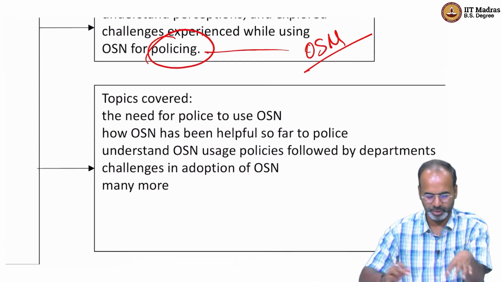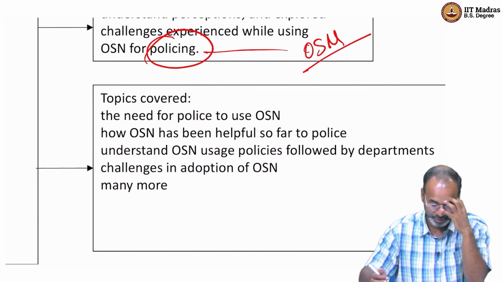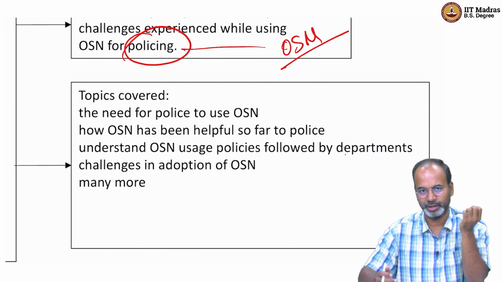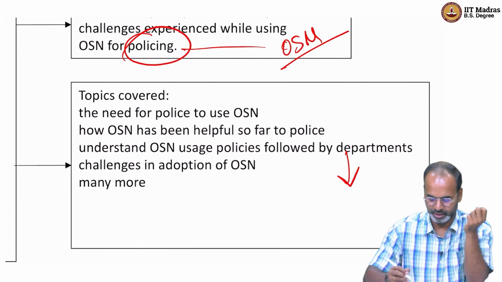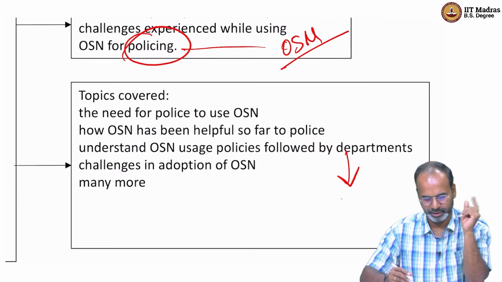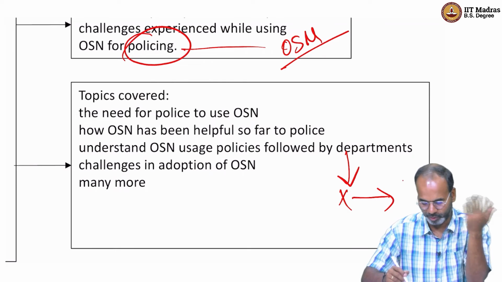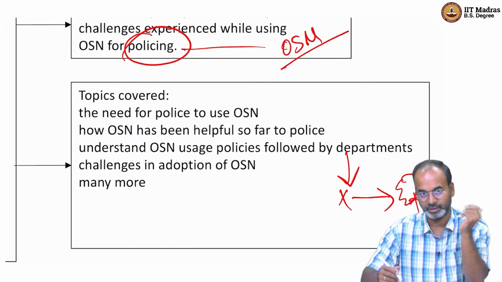The topics covered were the need for police to use social media, how social networks have been helpful for police so far, and understanding online social network usage policies followed by departments. If you remember some parts that I've covered, for example, Boston Police posted about a criminal suspect and asked for details from the citizens.